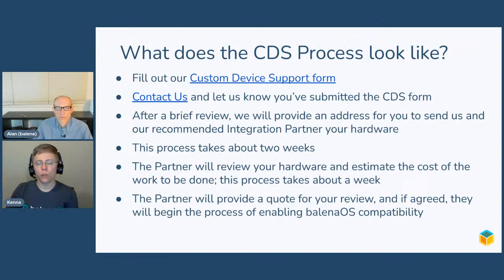But the other thing that we want to know is your timeline. Because when we get to the point where we're talking to integrators to find the right person to work with you on the project, one of the important pieces will be to know if they have time. If they're booked up for the next 2 months and you plan to deploy your product in a month, that's going to be a problem. So we need to know.